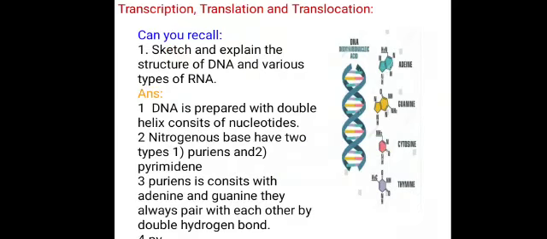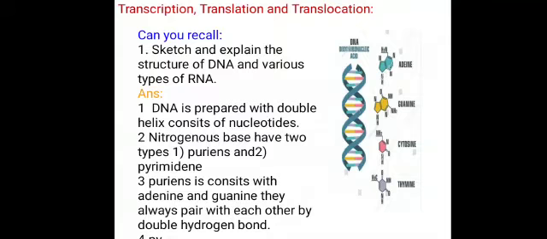Then we are going towards our next point, that is transcription, translation and translocation. So basically, these processes are helpful in passing the information from DNA to protein synthesis for the formation of hereditary characters.